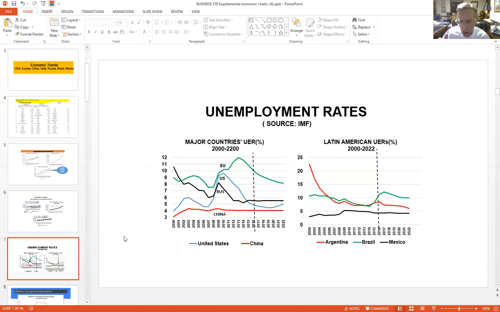We'll see more purchasing power in Asia, generally speaking. And that includes China, India, Southeast Asia, and we'll see more difficulty in Southern Europe. Northern Europe, things seem to be going better.